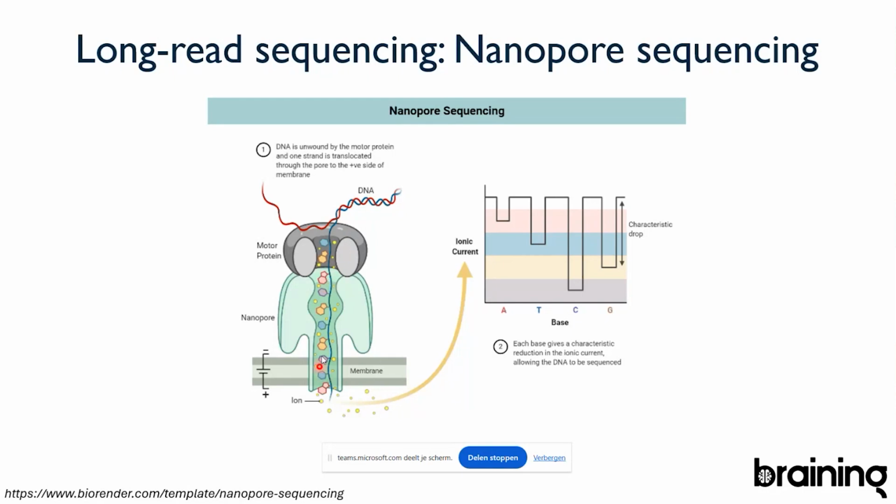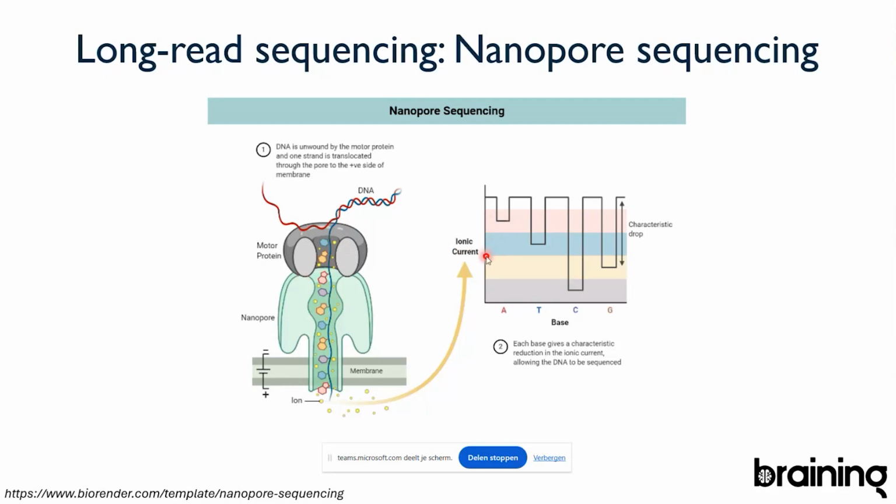And so you will have a disturbance of the ionic current here at the mouth of the pore. And based on the exact disturbance of the ionic current, you can have a readout of your base. So for example, if there's an adenosine at the mouth of the pore, you will have a small disturbance of ionic current. However, if you have a cytosine at the mouth of the pore, you will have a bigger ionic current.